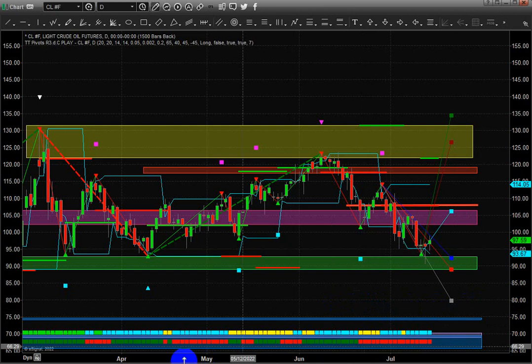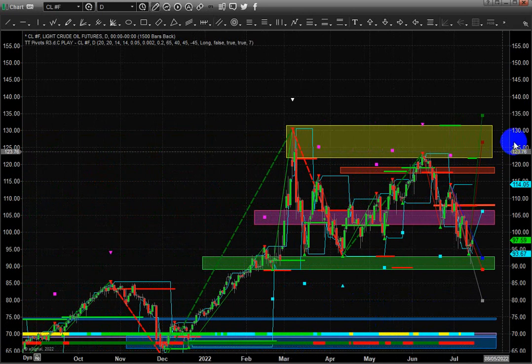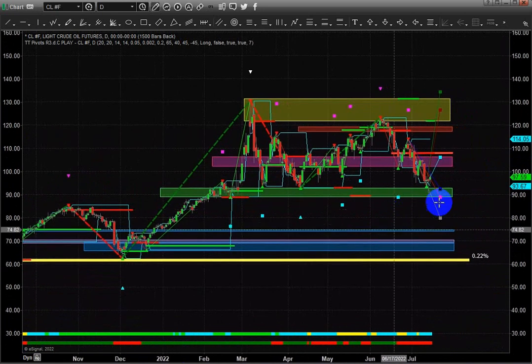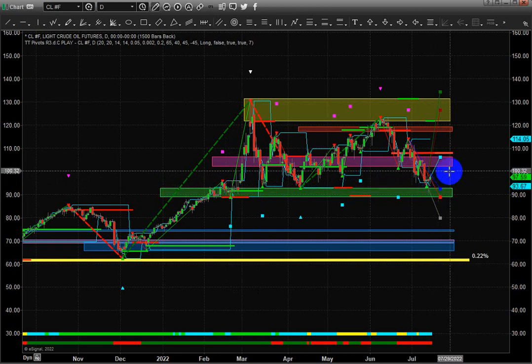Now let's go back and take a look at this longer term chart, because I want to point out that these levels on the daily chart are highlighting an area that if we stay in this green zone, if price comes down to this level and stalls above, say, 89, then we're still above this green zone. We may see another move a little bit higher.